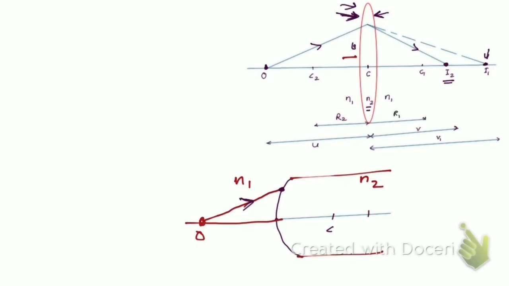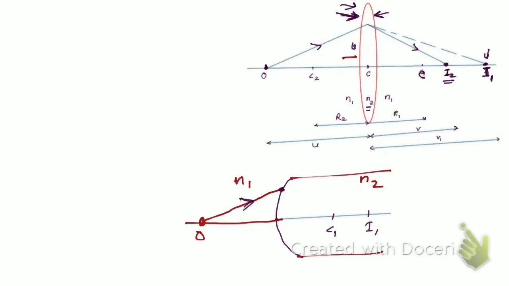This is I1, this is C1, and this I1 is here. Hope you have understood this. Now let me make it clear.